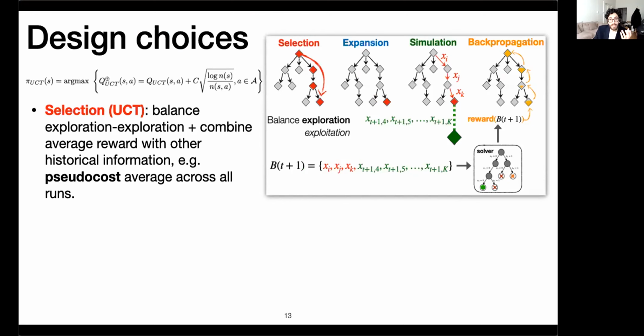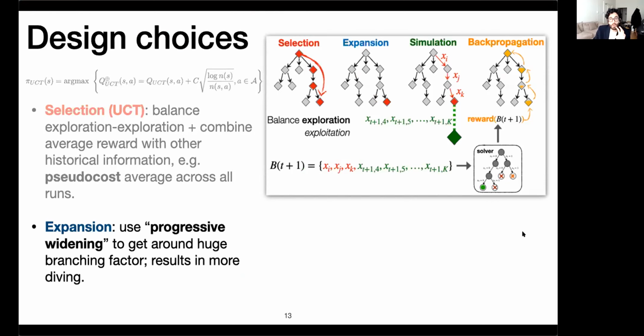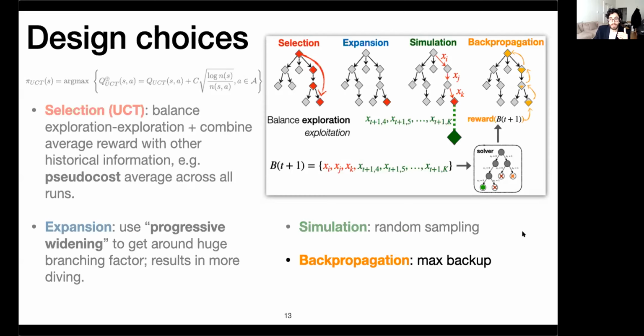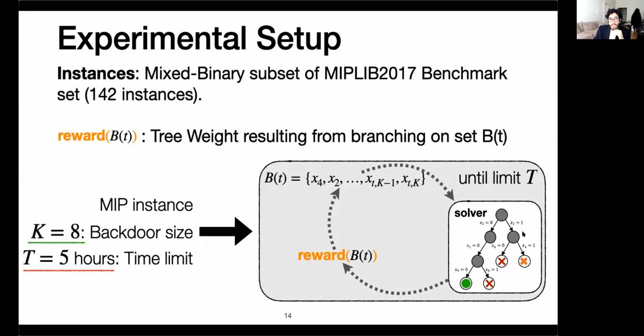We can also combine that with MIP-specific information like pseudo costs to bias the search. We don't expand the tree fully because the branching factor can be huge, so we use a progressive technique. We use random sampling to simulate these sets of backdoors. And we use a max backup for backpropagation, meaning for every node, we know the best, highest tree-weight solution we've seen in its subtree.